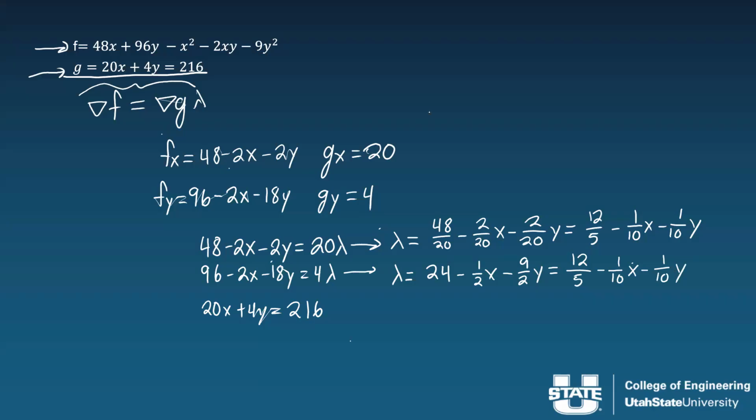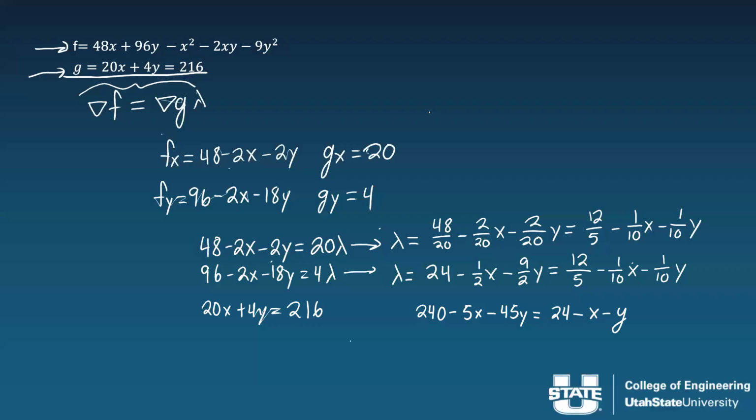And I'm going to go ahead and multiply both sides by 10 in order to get rid of our fractions, because I don't like fractions and I'm sure y'all don't like them either. So when we multiply by 10, we get 240 minus 5x minus 45y is equal to 24 minus x minus y.